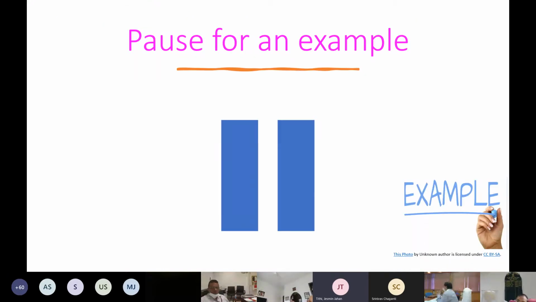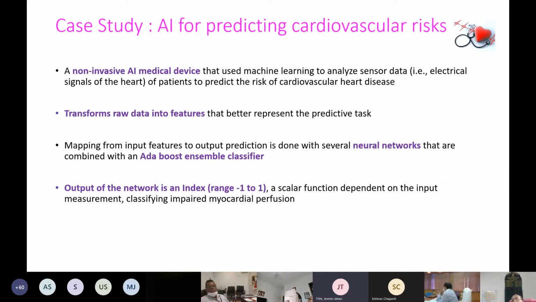Now let's pause for an example, and I'll use our first use case, which is an AI for predicting cardiovascular risk. This is considered a non-invasive AI medical device that uses machine learning to analyze sensor data, which are electrical signals of the heart of patients, to predict the risk of cardiovascular disease.